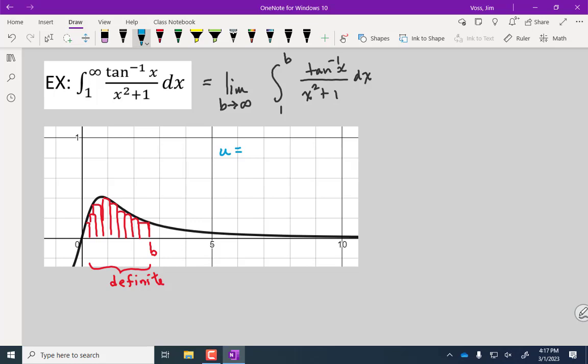If you let U be the denominator, its derivative is 2x, and there's no 2x. So really, the only candidate for U sub is arctangent. And there's the derivative. We see the derivative in the integrand, so we are moving in the right direction.